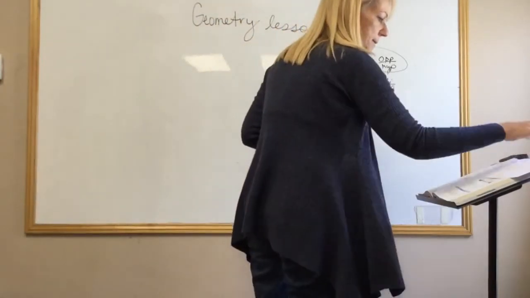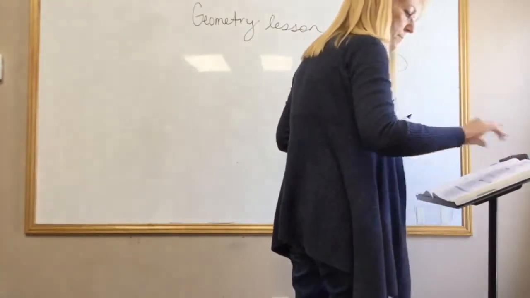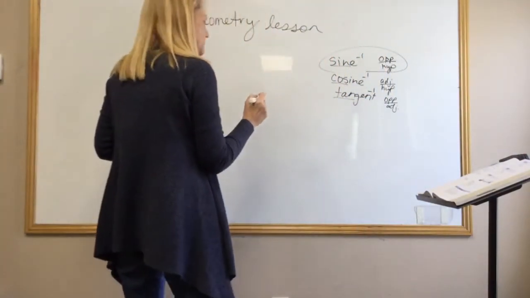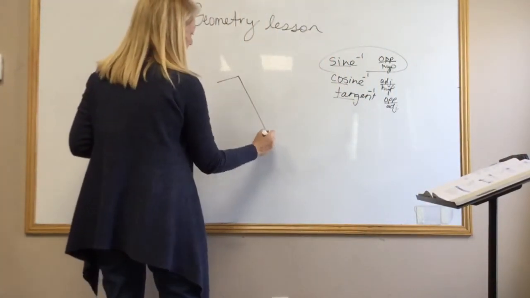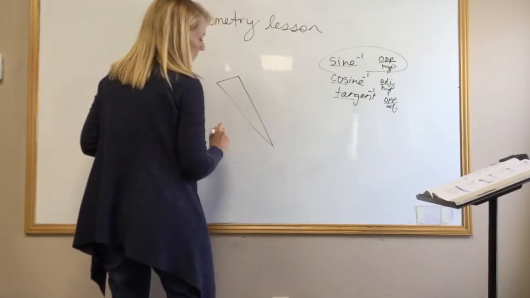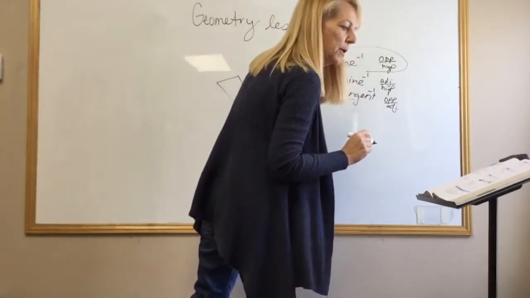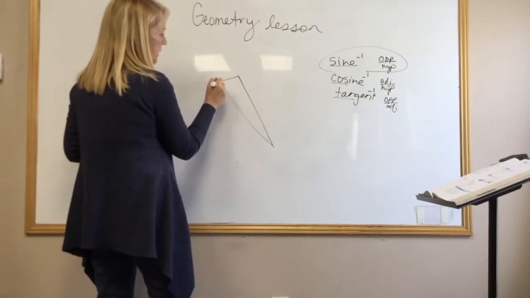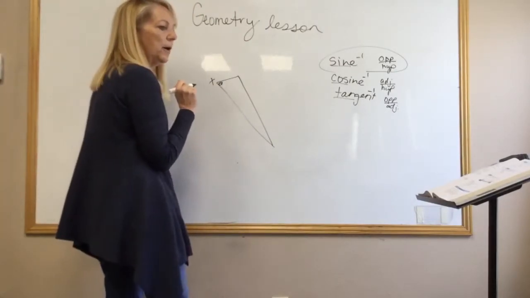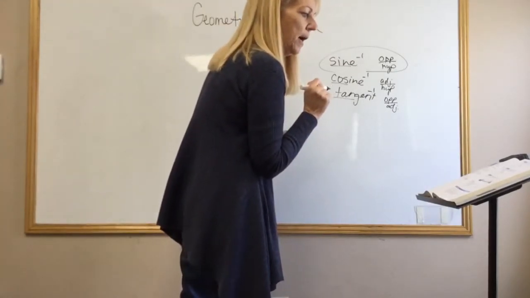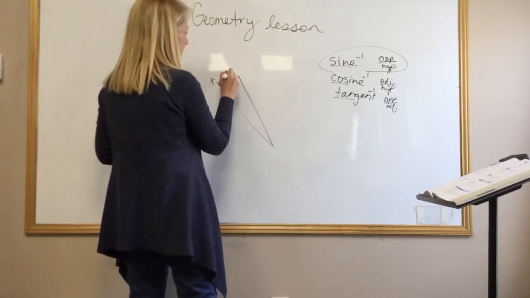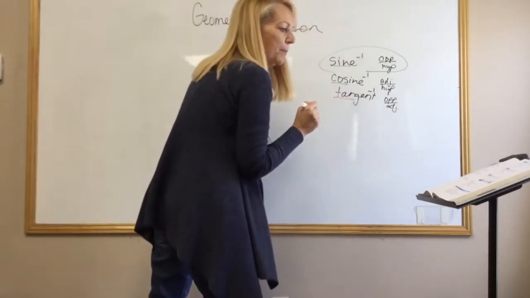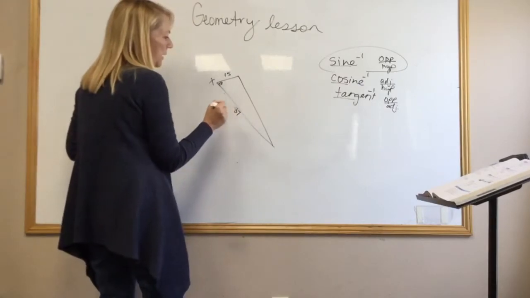Okay, so next, I have a right triangle, and I am looking for this angle right here, X, angle X, and adjacent to it is 15 for that leg, and the hypotenuse is 37.